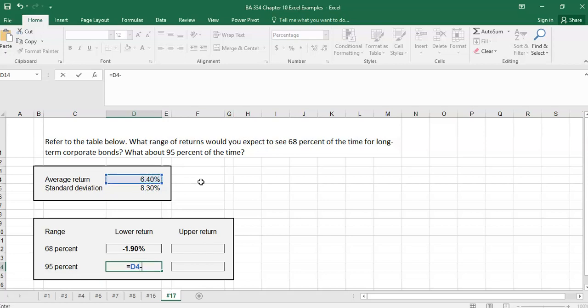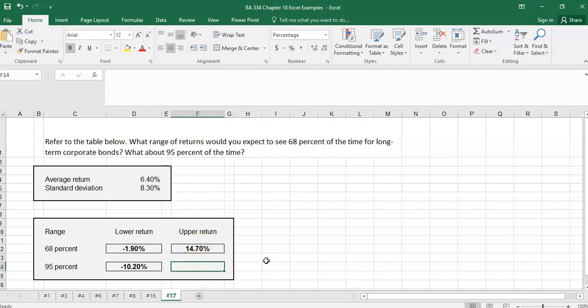So we take the average, or that middle, minus the standard deviation times 2. And then for the upper return, the same, but we add. So what is 1 standard deviation away from the average return? That's where 68% of the information within our bell curve is.